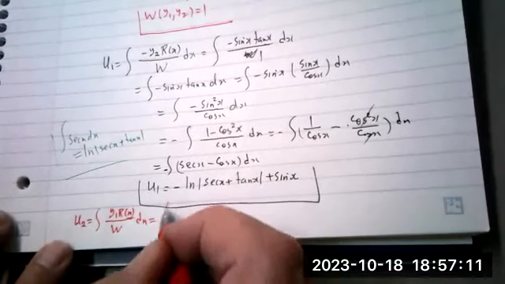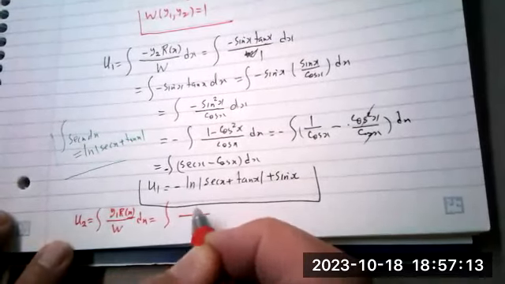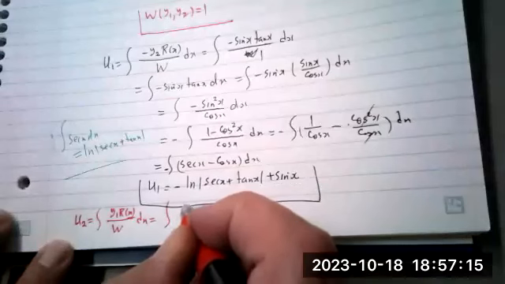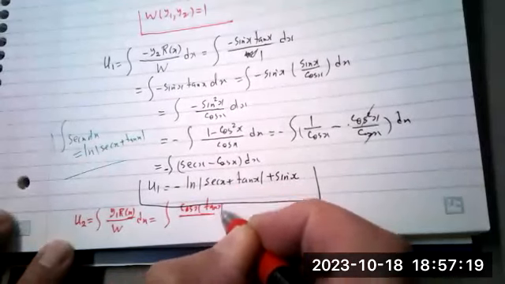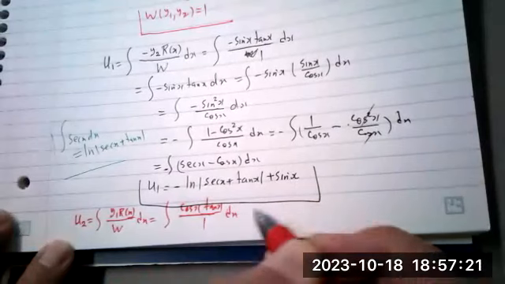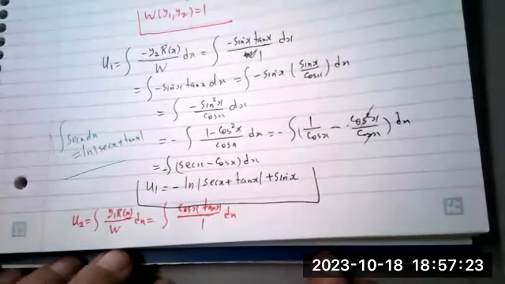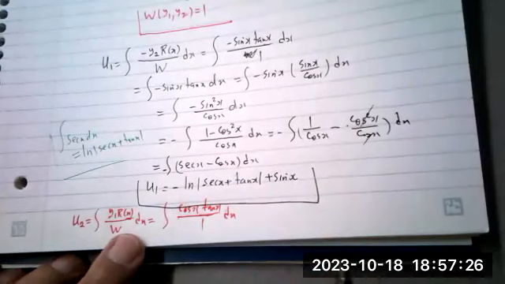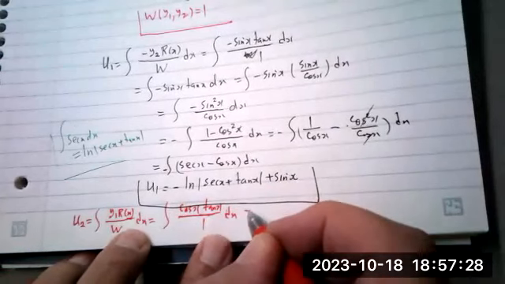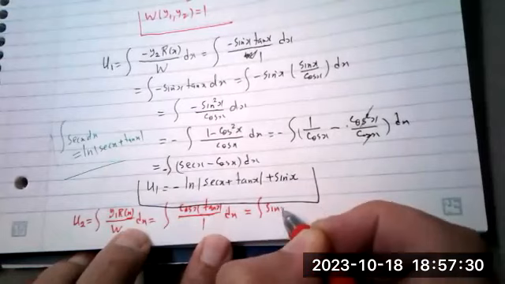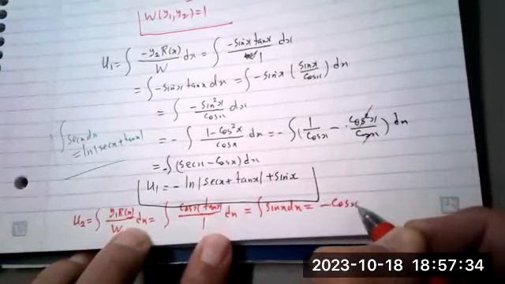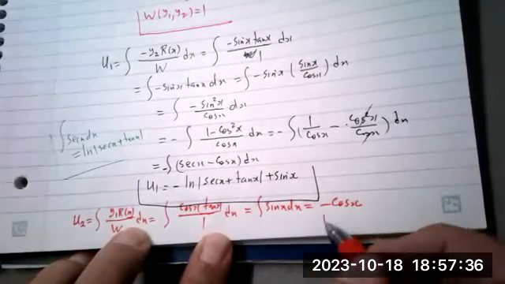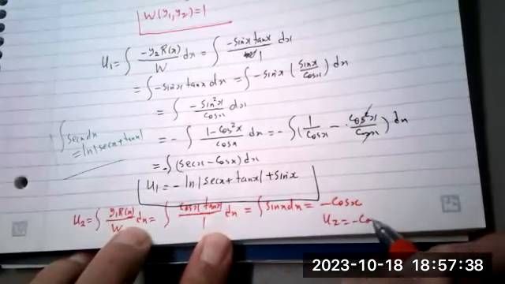Your y1 was cosine, so that gives you cosine x, then you have tangent x, Wronskian of 1. Tangent is sine over cosine, so that gives you sine x dx, which integrates to negative cosine. So that gives you u2 equal to negative cosine x.